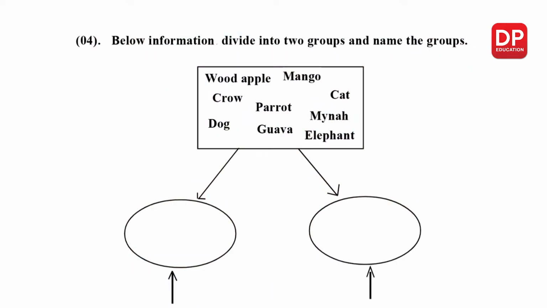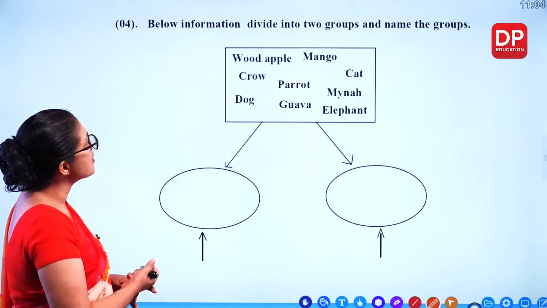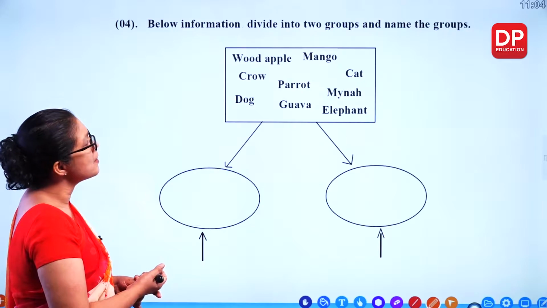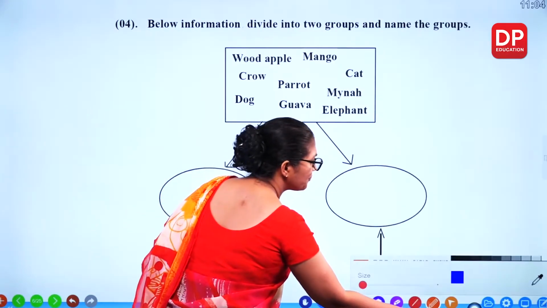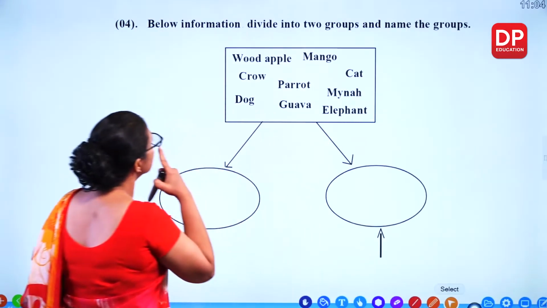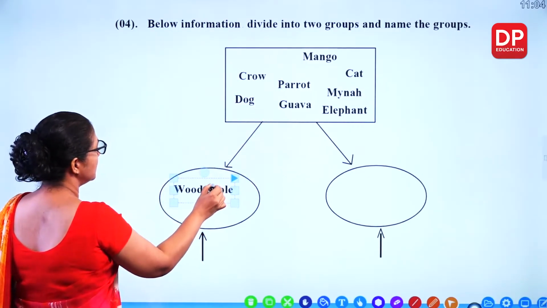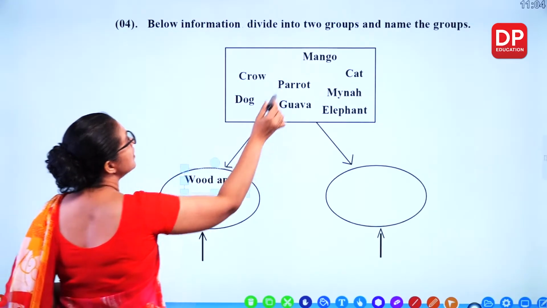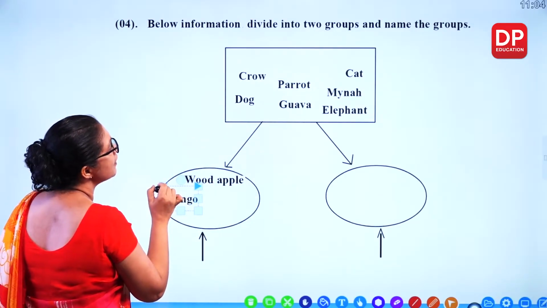Below information, divide into two groups and name the groups. Wood apple, mango, crow, parrot, dog, guava, elephant, myna, cat. So we'll try to divide. So we'll take wood apple, mango, what else?